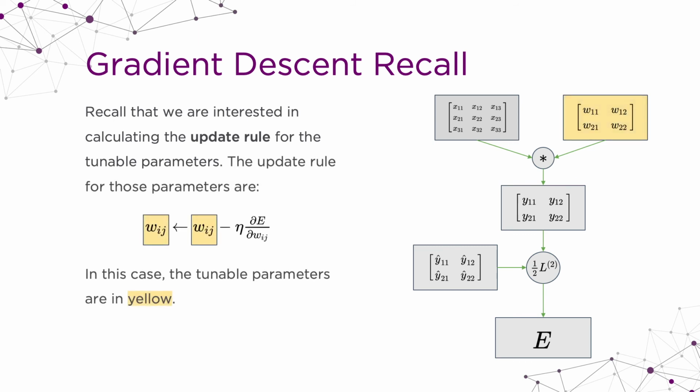We can then compute the update rule, which you saw yesterday, based on gradient descent. So wij will be wij minus the learning rate times the derivative of the error with respect to the parameter wij. In this case, the tunable parameters that we're going to focus on right now are in yellow. So we want to figure out in which direction we should step to update these parameters to optimize our function.